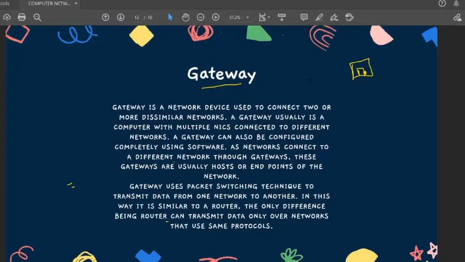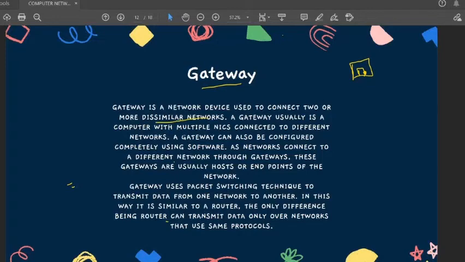It blocks all the unnecessary data that we don't need to enter our host or anything like that. It is basically software. It is a network device used to connect two or more dissimilar networks. Now that's very important: it works on dissimilar networks.